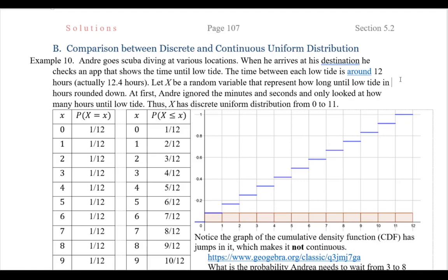We assume low tide occurs every 12 hours. This appears to be a uniform distribution. No particular time from when he gets off the plane to low tide seems to occur with more probability than any other time. Now, if Andre only looks at the hours until low tide, then this would be a discrete distribution from 0 to 11.